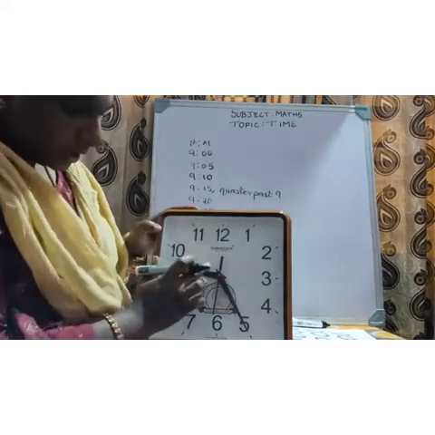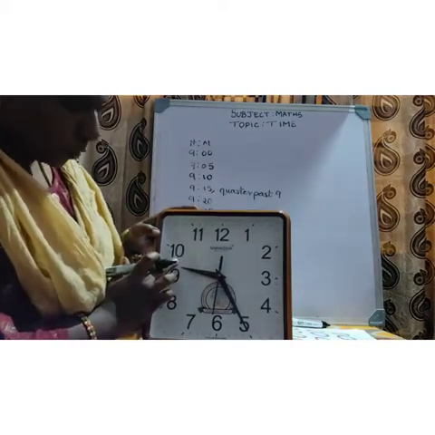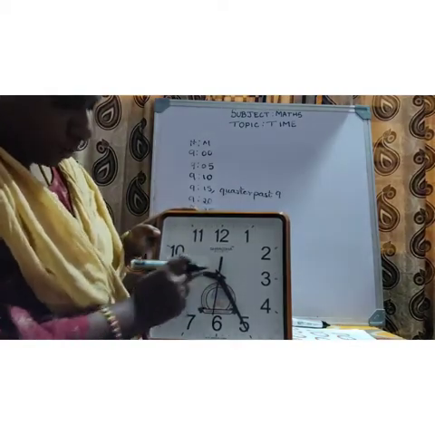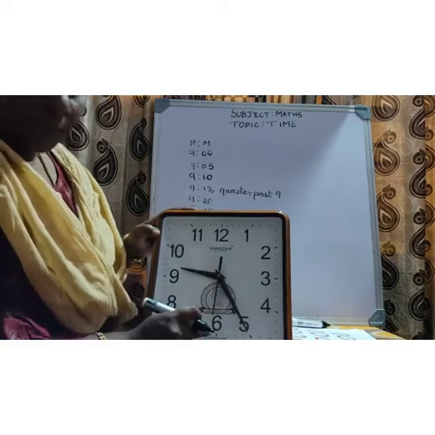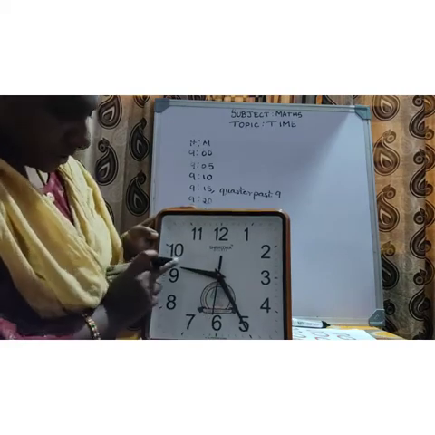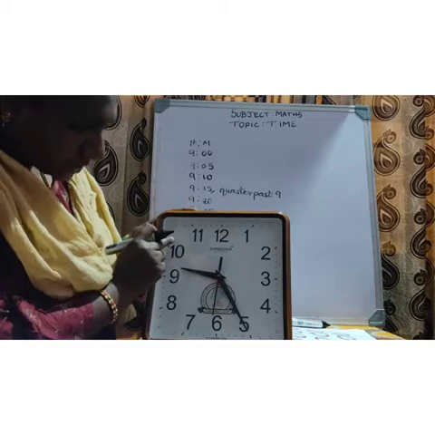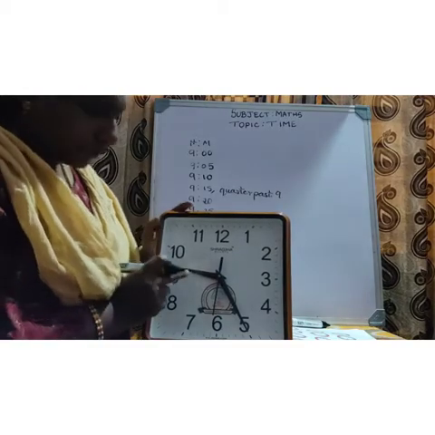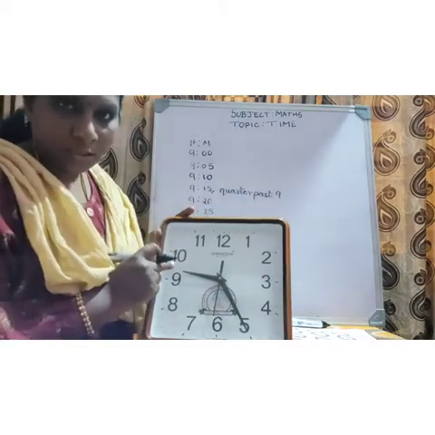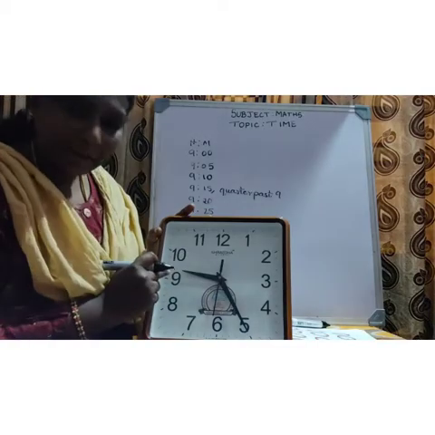See, you can see here the hour hand is also slowly moving. So when it comes to 6, the hour hand will be between 10 and 9. It will not be exactly at 9.